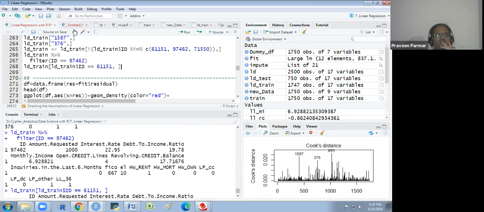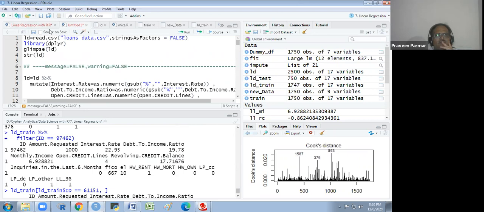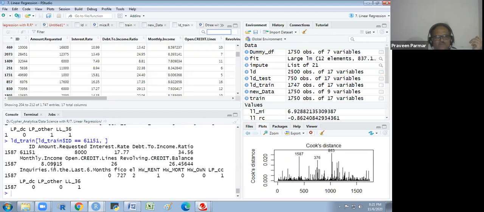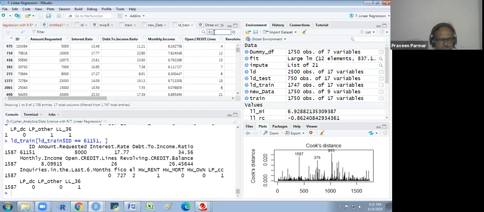So we see that we could select it. I try to select it. We could find it out if I write in a search and I write that number, that index. I write this index 61151.